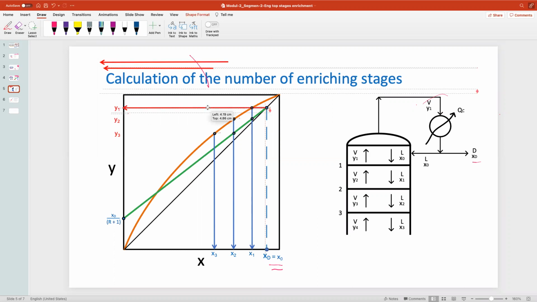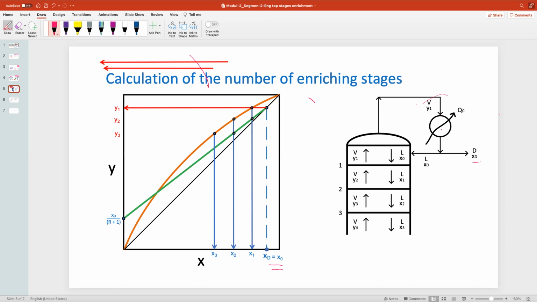So let's look at this line. Okay, so this is the XD, this one here, and this is the XD in the vapor.